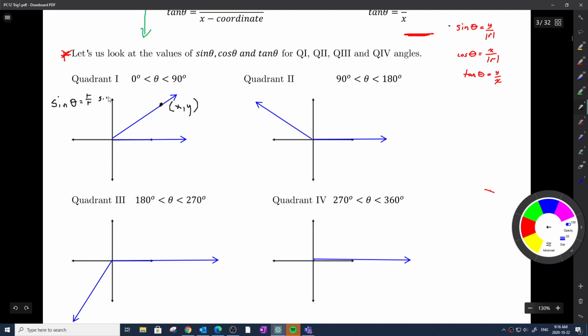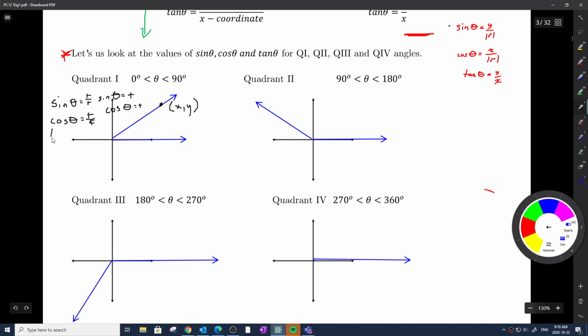So sine really is going to be positive in quadrant 1. That's an important fact. Cosine in quadrant 1 is x divided by my radius vector r. The x coordinate is positive in quadrant 1, and my radius vector r is also positive, so my cosine of theta is also positive in quadrant number 1.